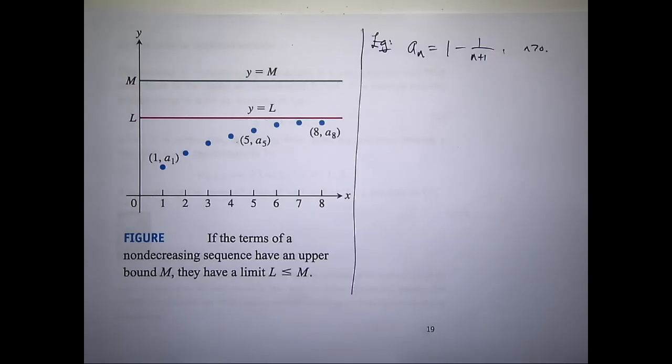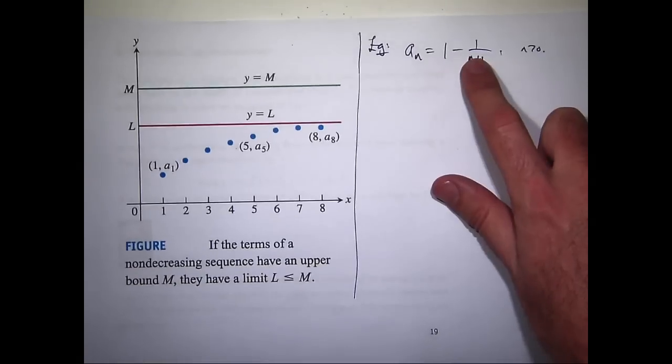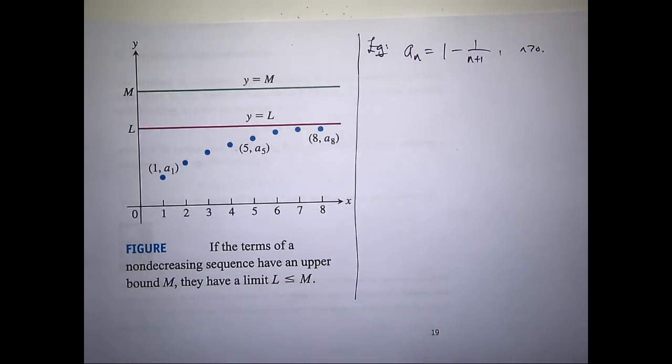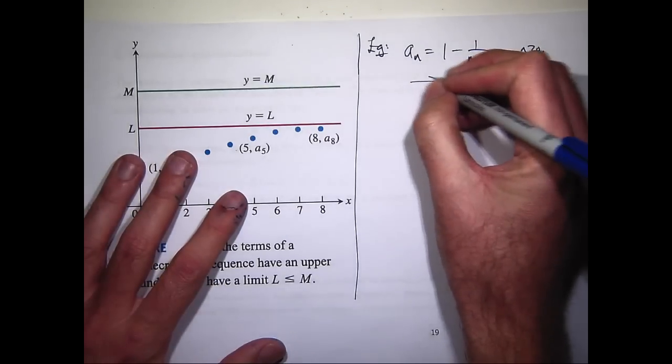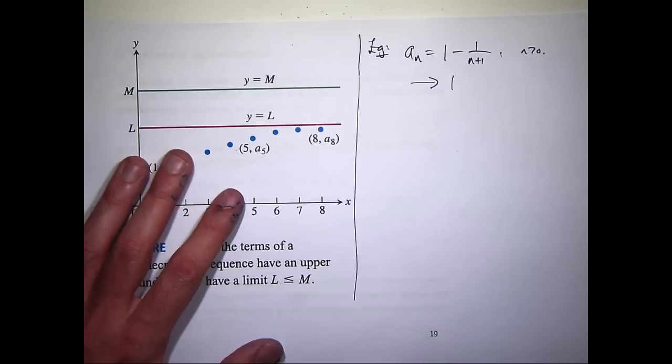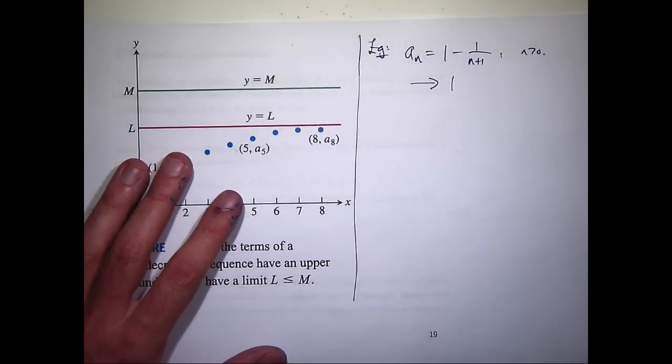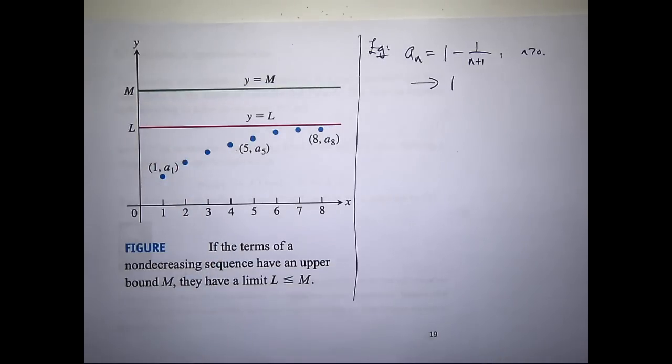But think of all the upper bounds for this sequence. What's the smallest one? Positive 1. Now, this converges to 1 in the limit, right? Now, the 1 is a special bound. Of all the upper bounds, 1 is the least, the lowest upper bound.